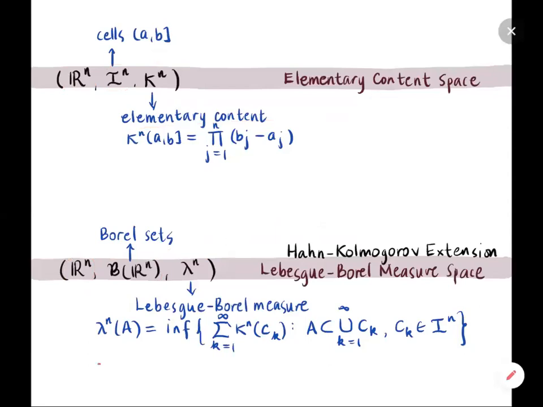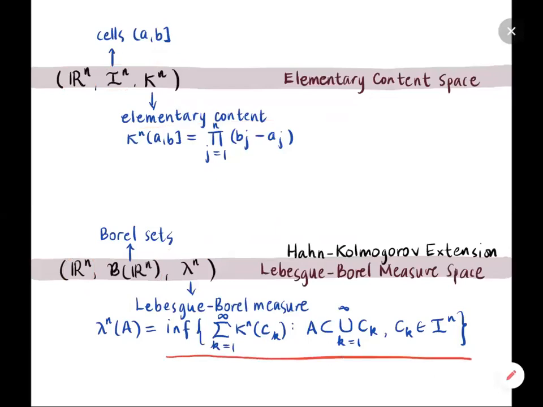In other words, if lambda n star is the outer measure, then restricting this outer measure to the Borel sets is your Lebesgue-Borel measure. And indeed, we have shown that this is a measure. So the Lebesgue-Borel measure is just the restriction of the Lebesgue outer measure.